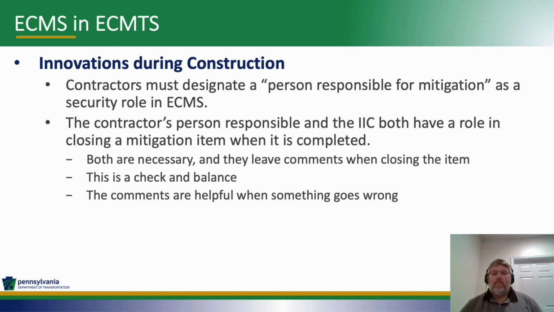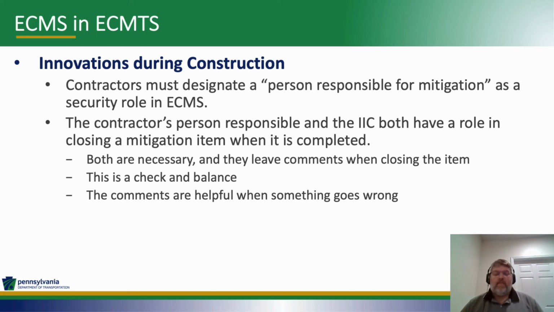And the way that that works is that either one, either the IIC or the person responsible, can initiate the process of closing it. Whoever starts it will place a comment on the mitigation activity and initiate the close. Then closing that mitigation item shows up in the other person's work queue.